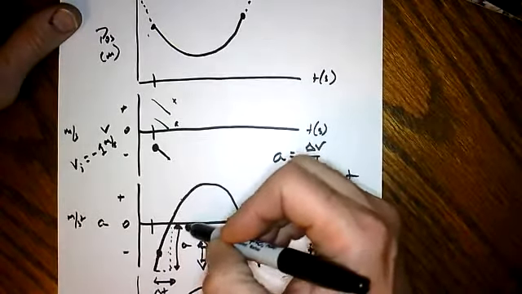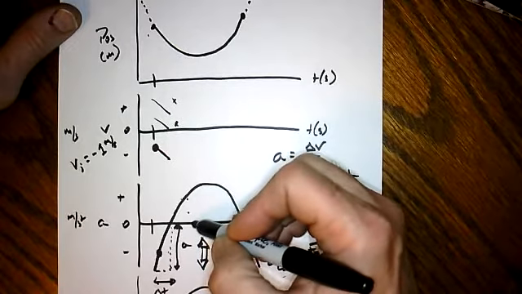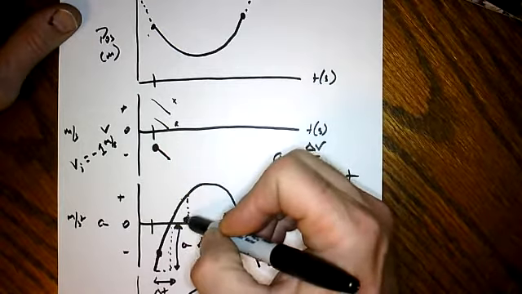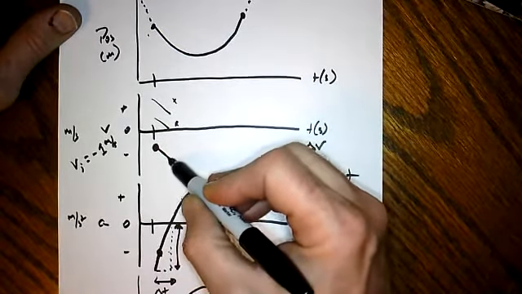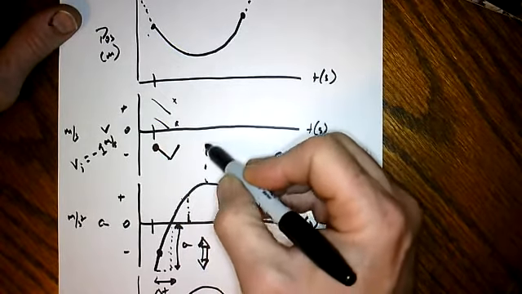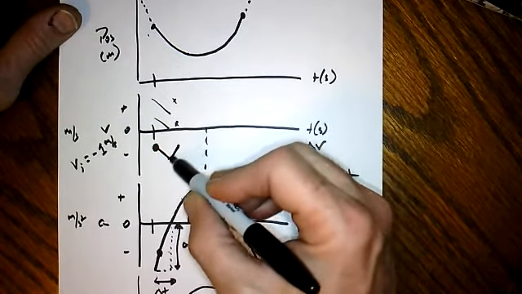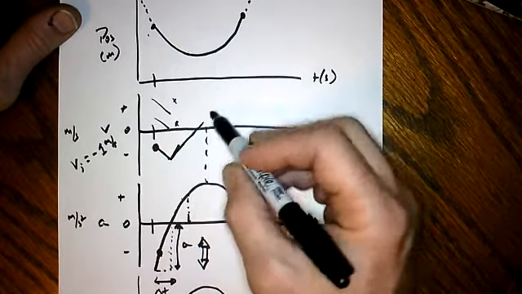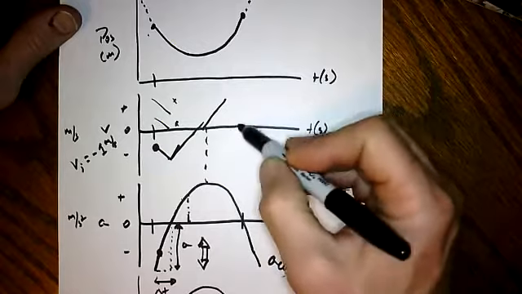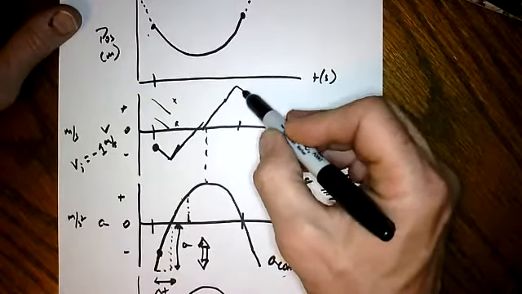And then I would continue this on, and I would calculate this next area, which is going to be positive. All right, but now I'm right here. And now I'm going to go positive slope all the way up until here. Well, actually, I'm going to go all the way through there. This is all positive slope too. And then I'm going to hit a negative slope right here again.